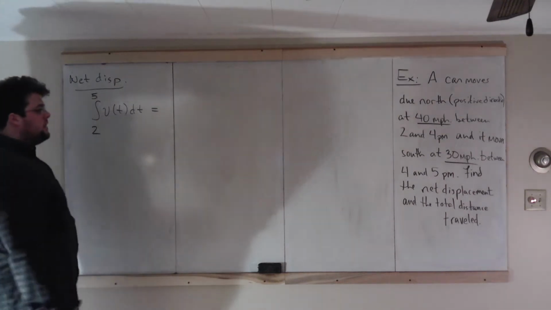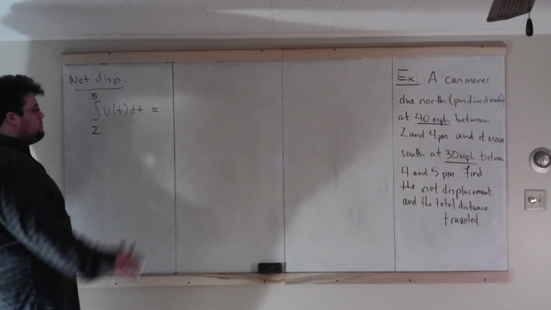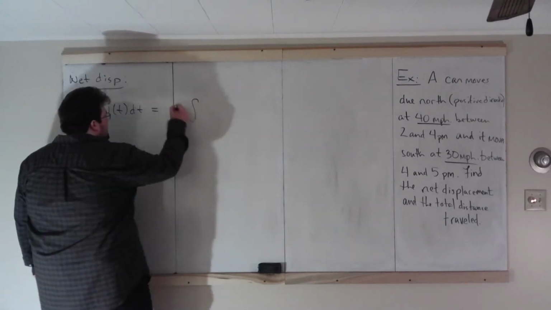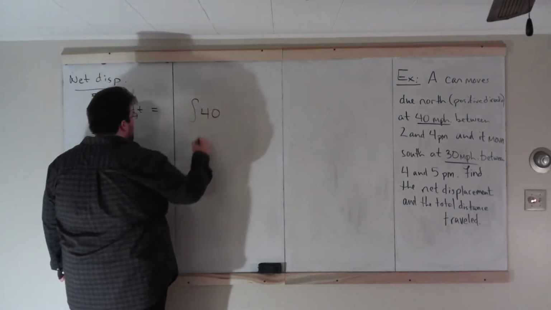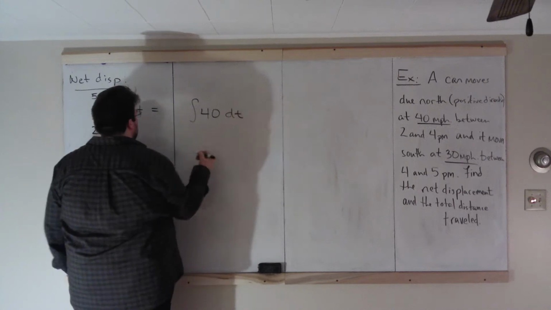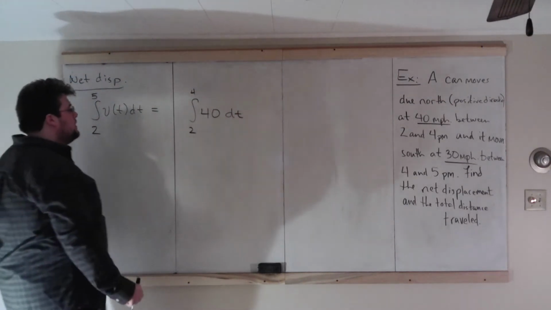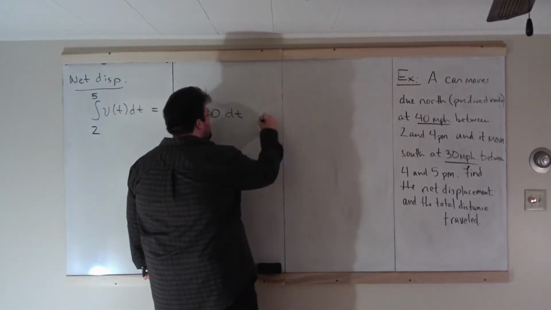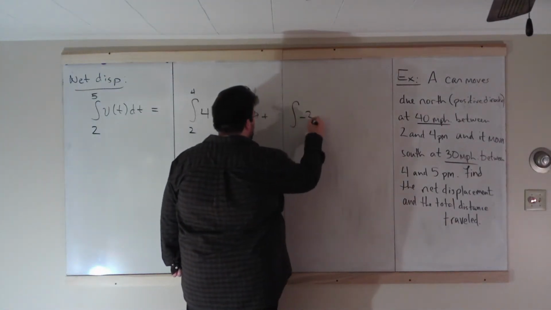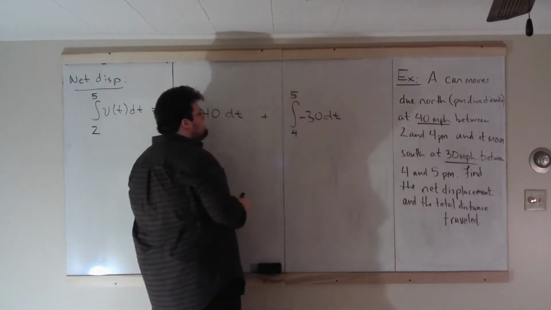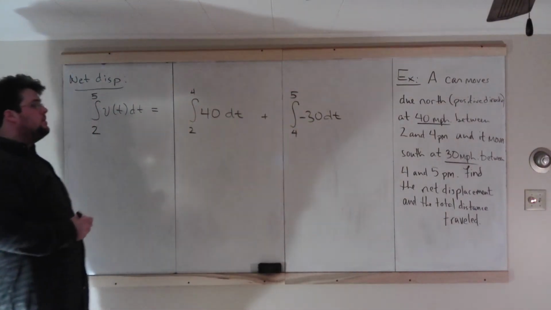But notice the velocity function is defined in pieces. The velocity is 40 in the positive direction from 2 to 4 p.m. And it's 30 in the negative direction from 4 to 5.